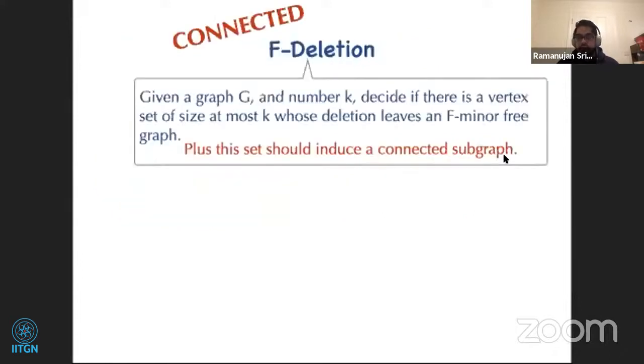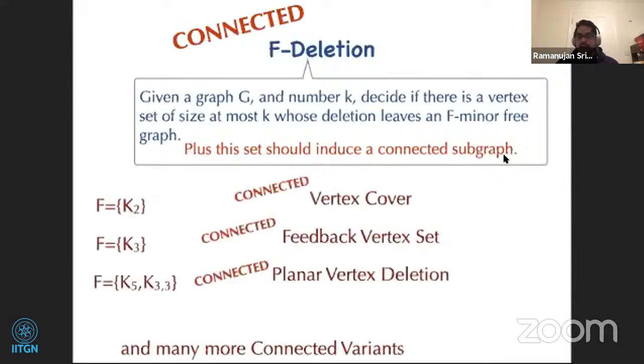And you could naturally ask the same question for the F deletion problem in general. So I want an F deletion set, a set whose deletion eliminates all F minor models from my graph, plus I insist that this set should induce a connected subgraph. And again, various special cases of this abstract problem have already been well studied. For instance, connected vertex cover, connected feedback vertex set, and so on.